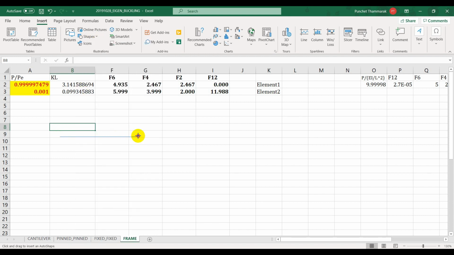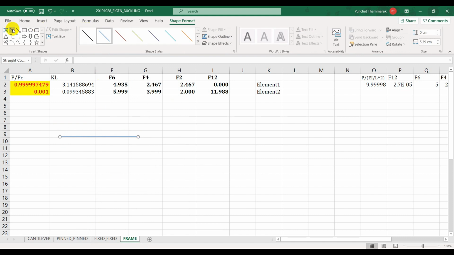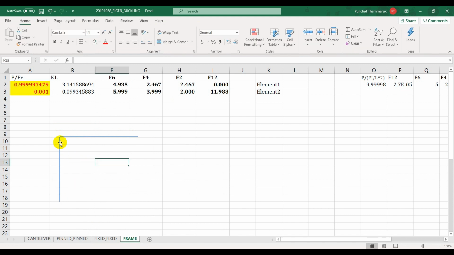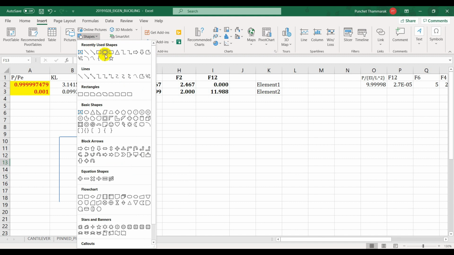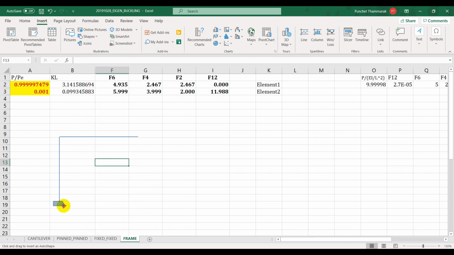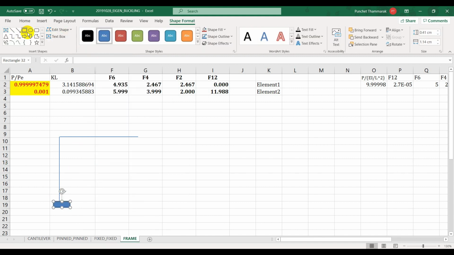We have the horizontal element and we have the vertical element. Both of them we have the fixed support down here and the roller over there.